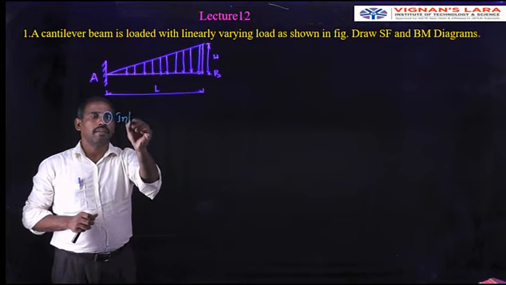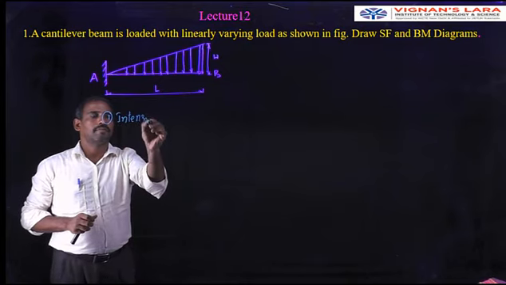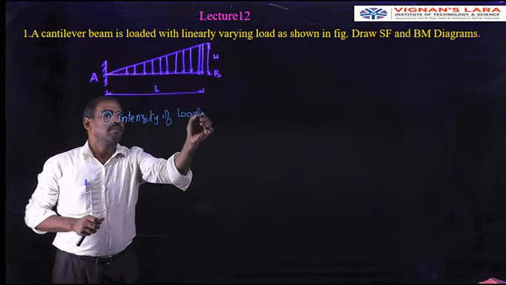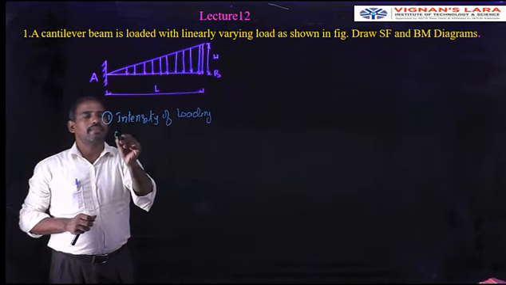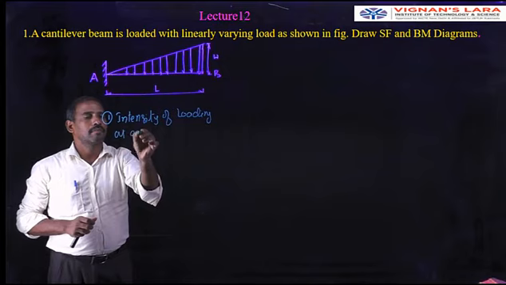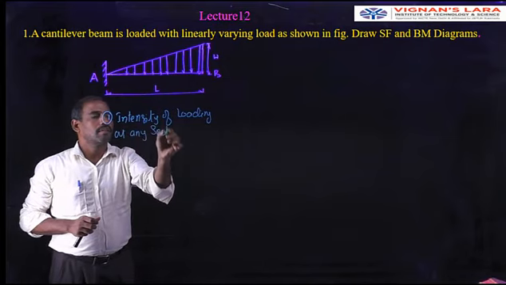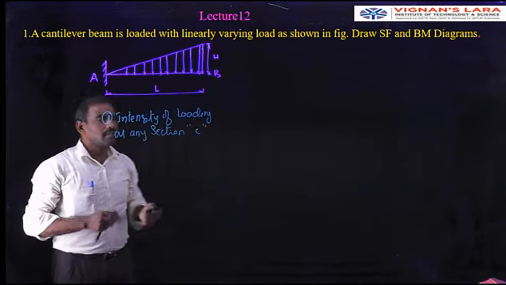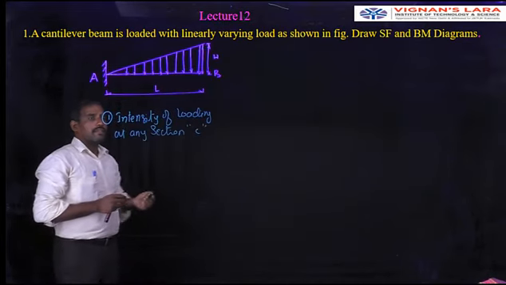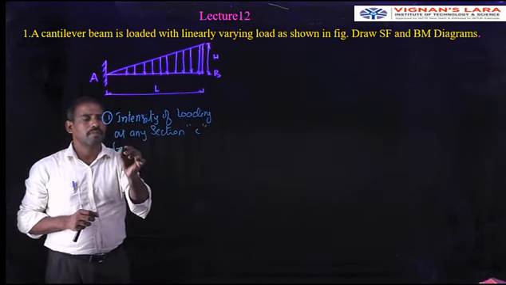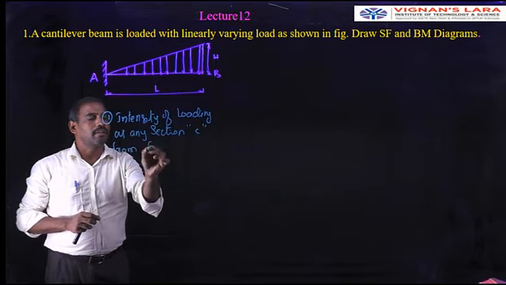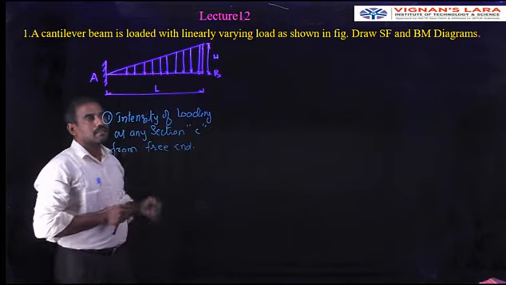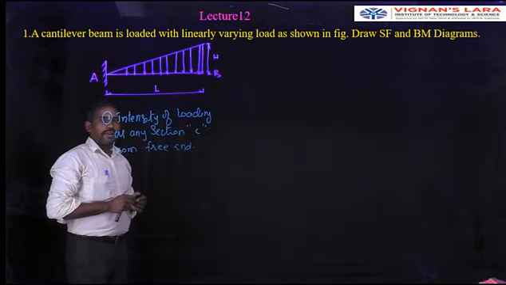Now, intensity of loading. So, loading at any section, say at C, any section at C, from the free end, that is very important. So, this is the important point.